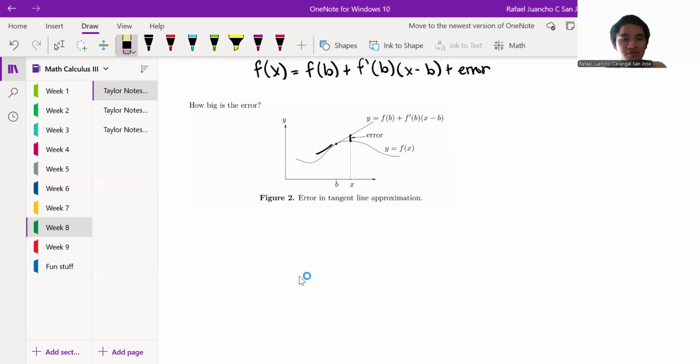Okay, let me. Yes, that's the. Oh, what did I do? That's the error. Let's go back to the thing. Am I sharing the right screen? Okay, I thought it wasn't. Okay, wait a minute.